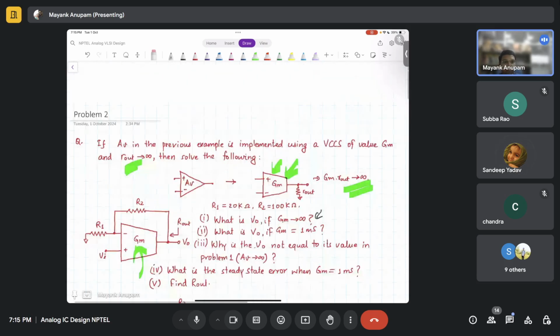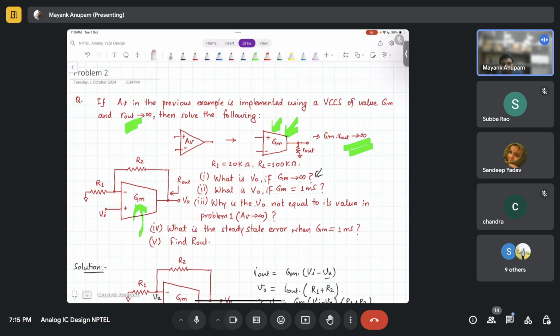So what is wrong here? The DC gain here is still infinity with R out tending to infinity, yet we need another condition, that GM also has to be equal to infinity. What is missing here?